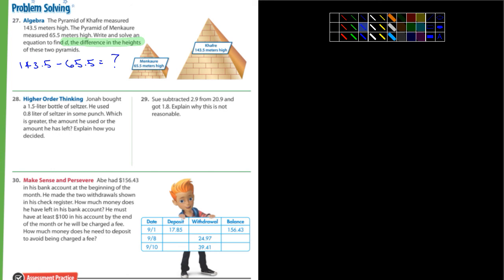He used 0.8 liter of the seltzer and some punch. Which is greater, the amount he used or the amount he has left? All right, I'm going to highlight that. Which is greater? That's the question. Which is greater? The amount he used or the amount he has left?